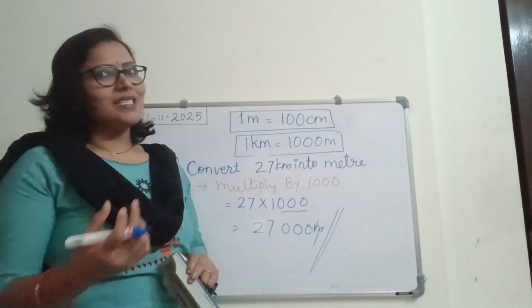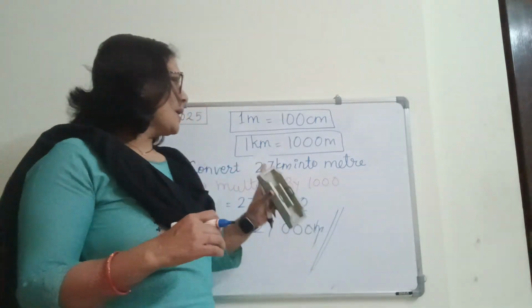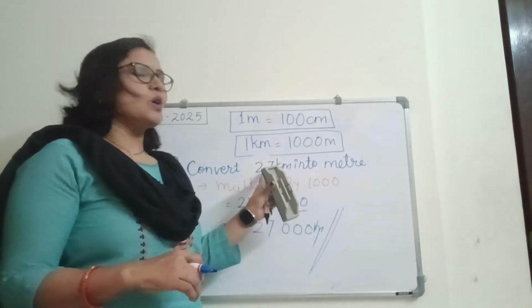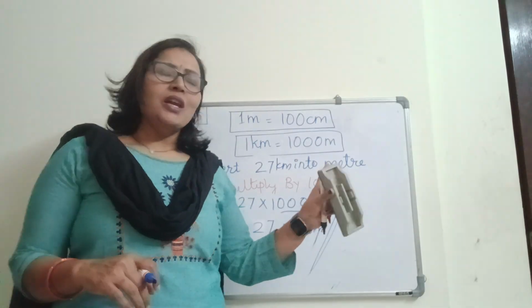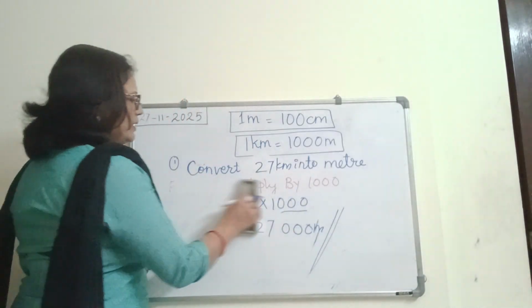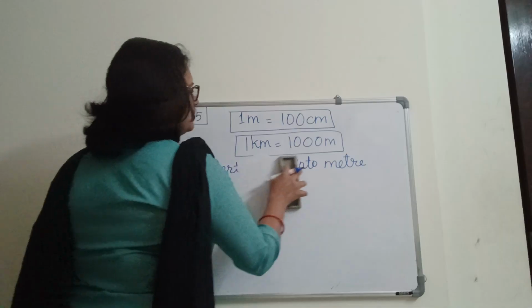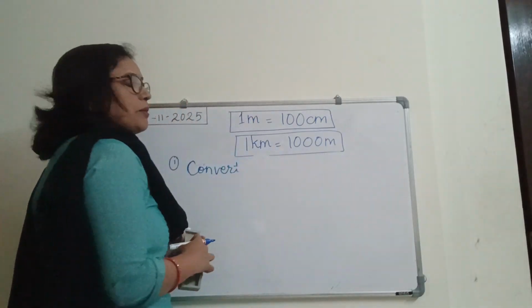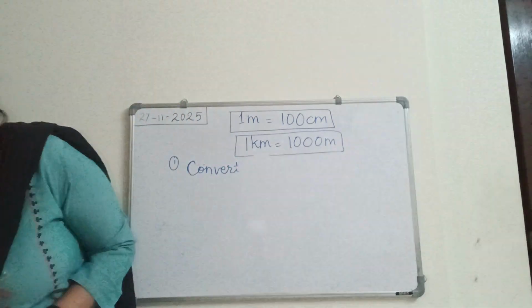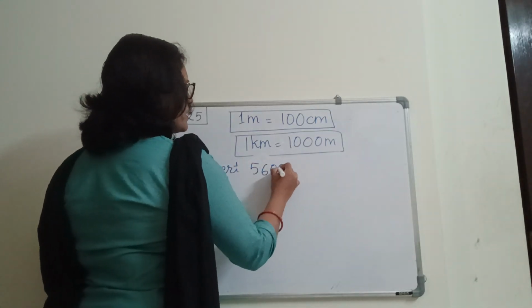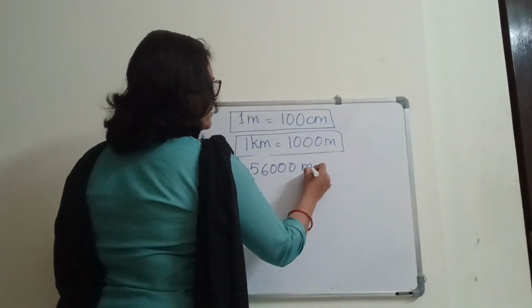So now we see how to convert meter into kilometer. Here we saw kilometer into meter. Now we'll see how to convert meter into kilometer. So now here, 56,000 meter.